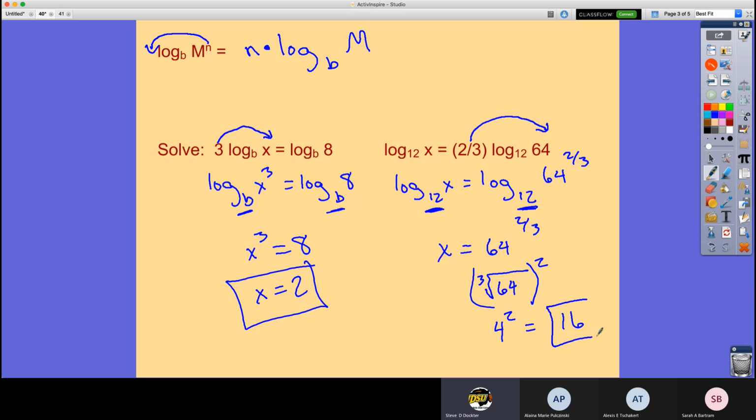So x equals 16 here. That is something that you can do without the calculator. And we can plug that back in. We're not going to get a negative anywhere, so it does work here. All right, so any questions on logarithmic rules here? You're going to see them quite often in the homework.